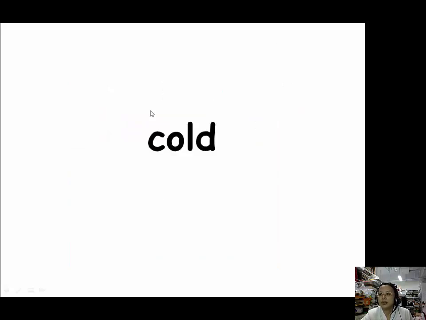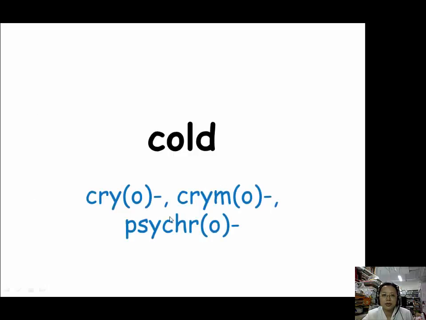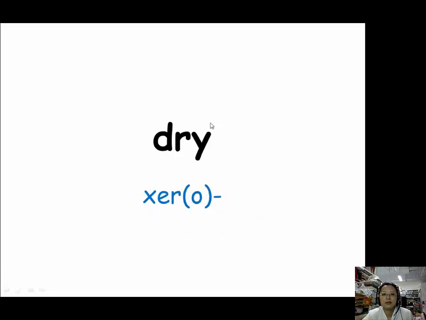Let's review what we just learned. For cold, we could use one of these three prefixes: cryo, crymo, or psychro. For dry, we use this prefix xero, X-E-R-O.